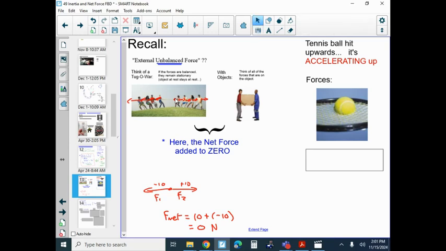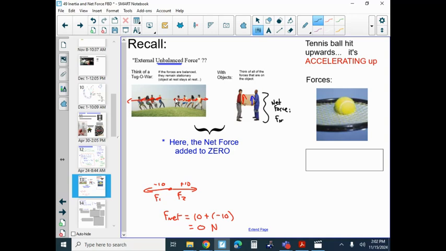Okay? With objects, you can think of the lift force from this person and the lift force from this person, right? And so you have the total combined lift force, the net force. Let's just do it this way, right? The net force on the system.